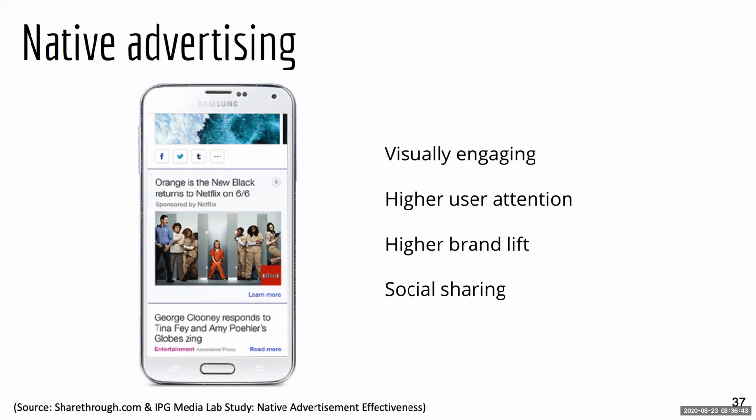The reason for this is that it is much more engaging from a visual perspective. It also has higher user attention, higher brand lift, and also social sharing. And there's been quite some interesting work to see, because it's a bit more a part of the experience, so it's a little bit different in terms of how to measure engagement, or how some metrics related to engagement can be used to study particular aspects of the native advertising experience.